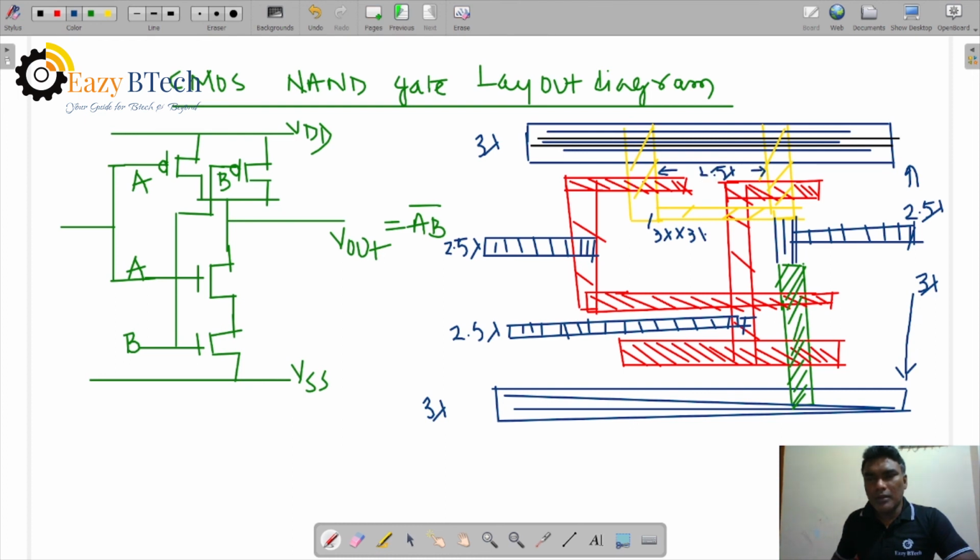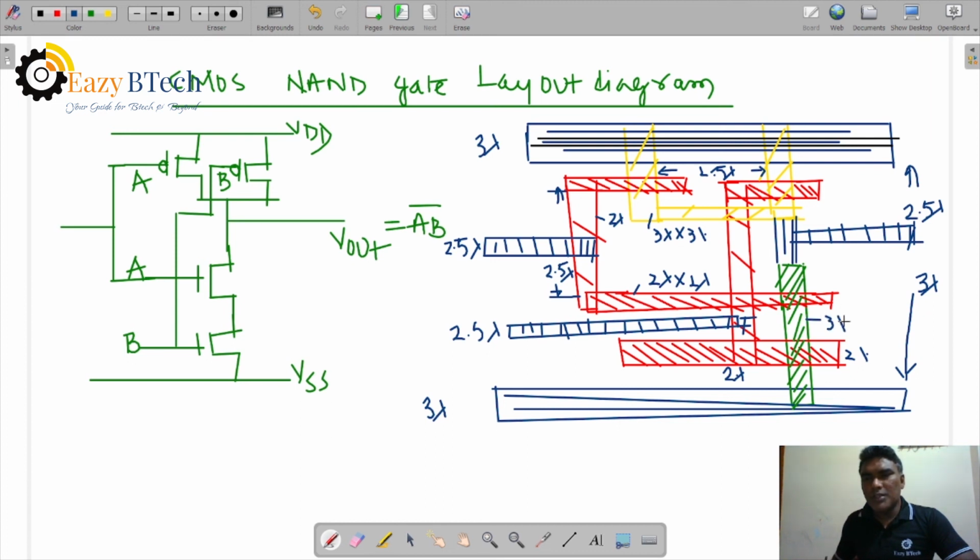Right? Poly 1 is 2 lambda into 2 lambda. Poly 2 is also 2 lambda. The minimum separation from poly 1 to poly 1 is 2 lambda.